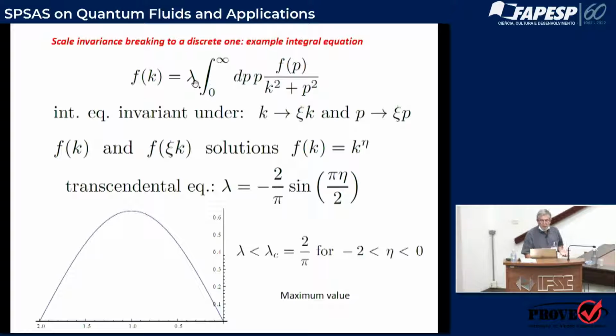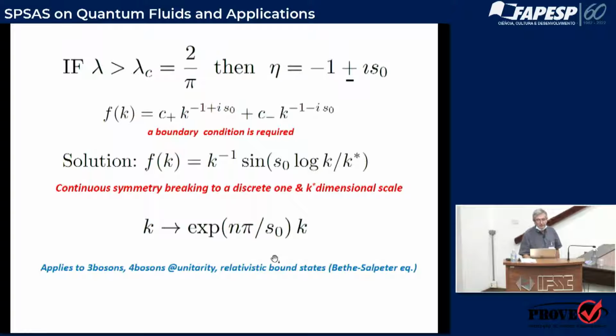In principle, no one forbids you to move this lambda above this critical value. When you do that, you still have a solution, but your power gains an imaginary term. And you have 2 solutions, plus and minus, some number that you can derive. I didn't put the solution, but S naught will be a function of lambda.